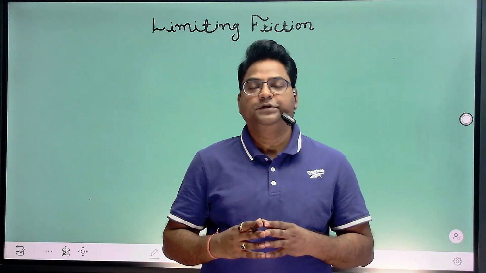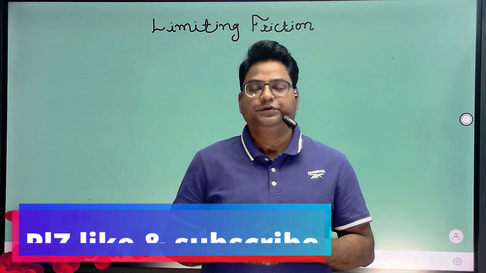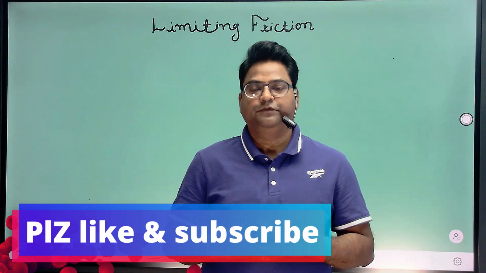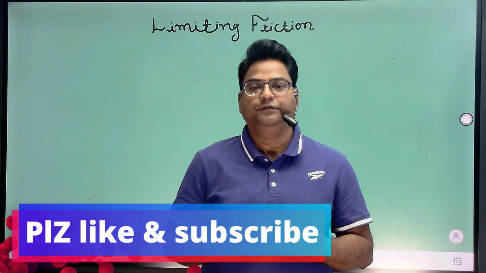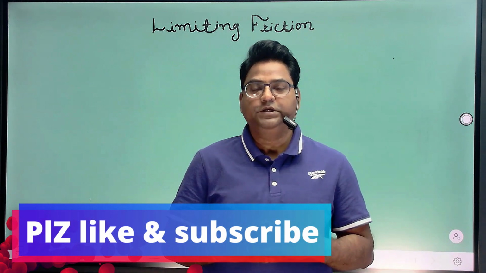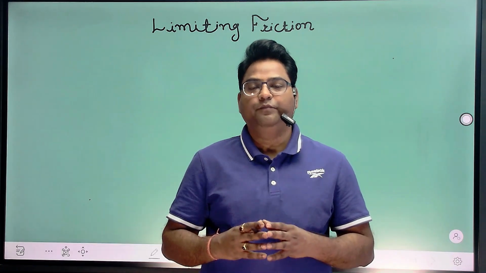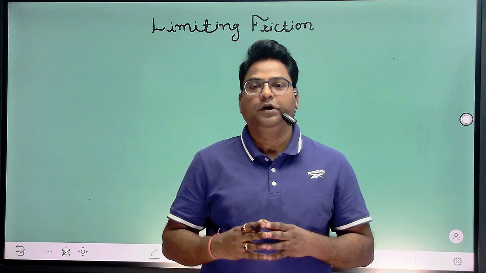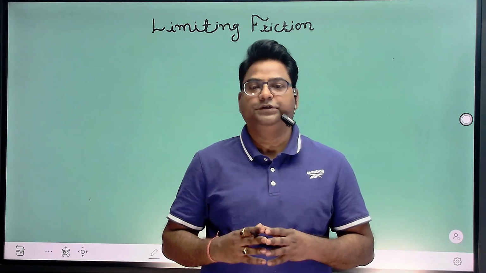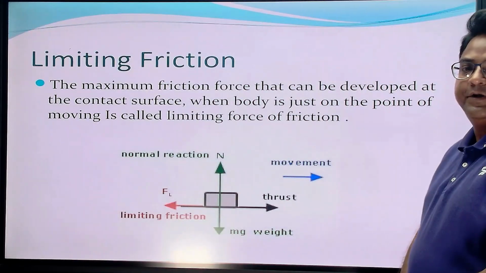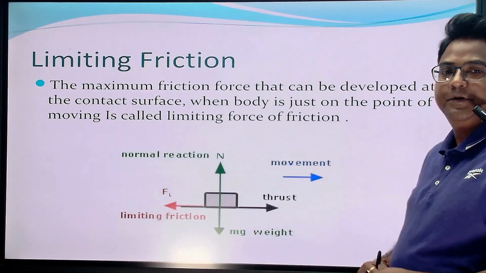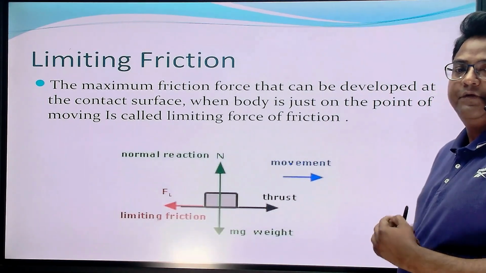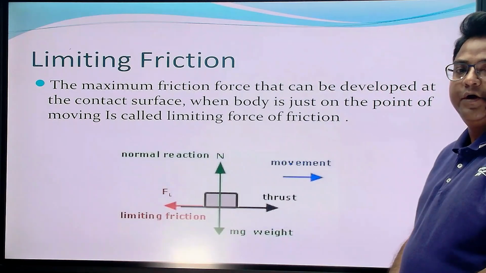What is limiting friction? How to define limiting friction? Limiting friction is the maximum friction acting on the surface of contact of the body when the body is just on the point of moving. Write down the definition: limiting friction is the maximum friction force that can be developed at the contact surface when the body is just on the point of moving.